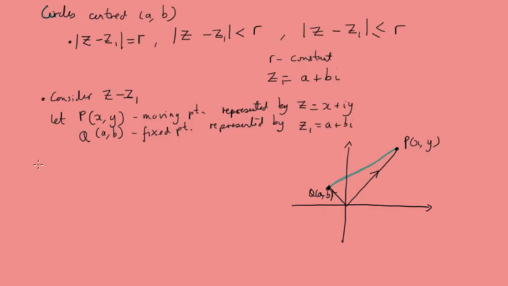So Z is going to be OP, and Z1 is going to be OQ.